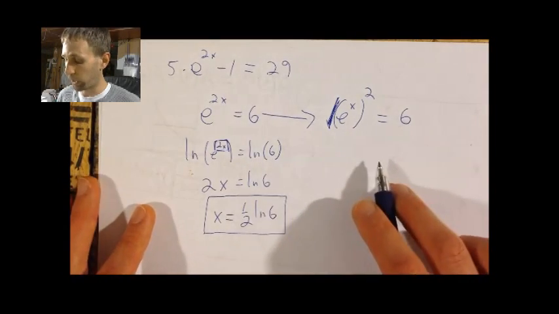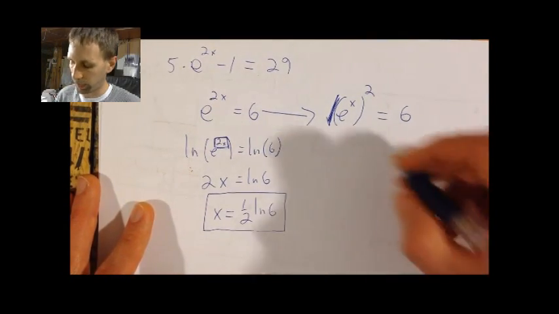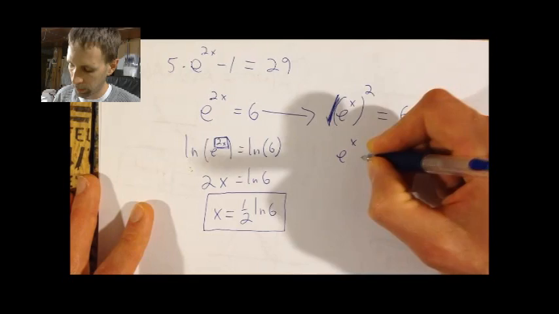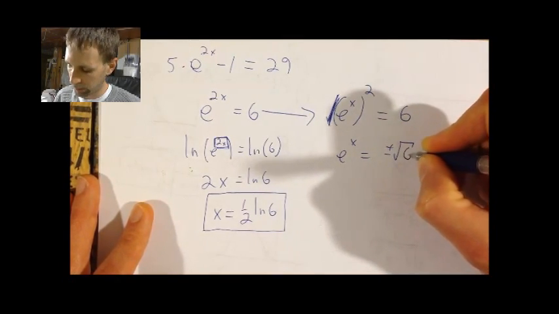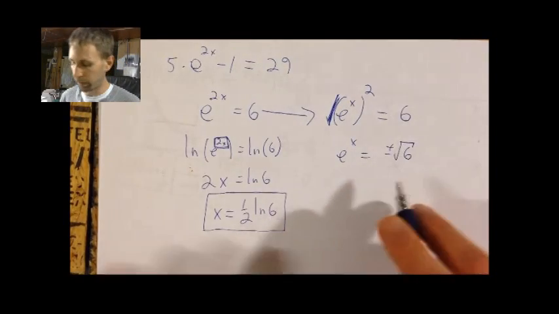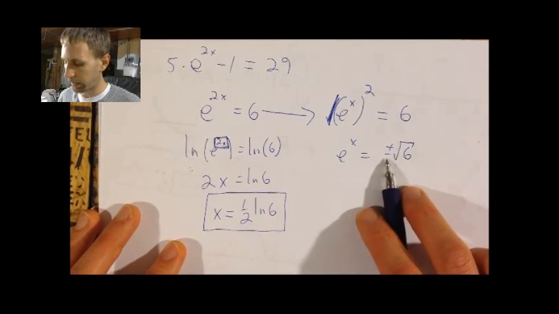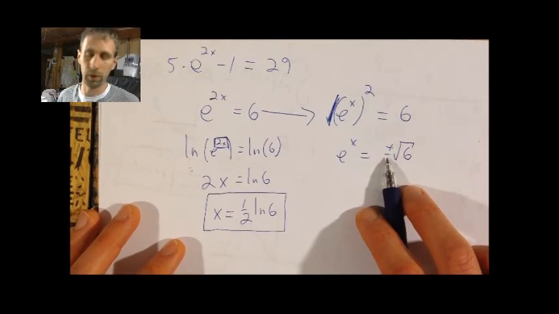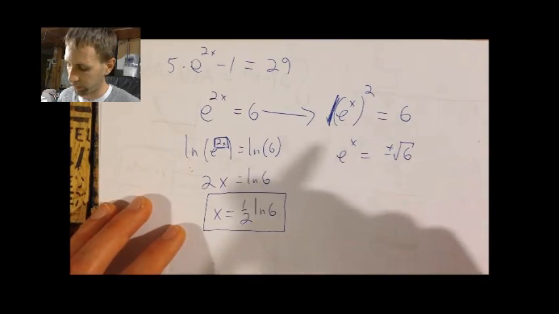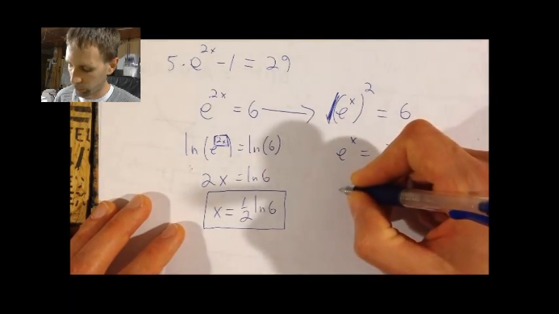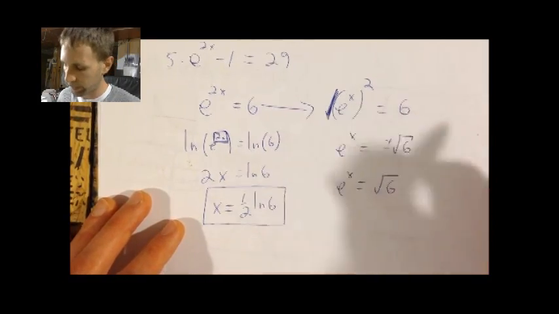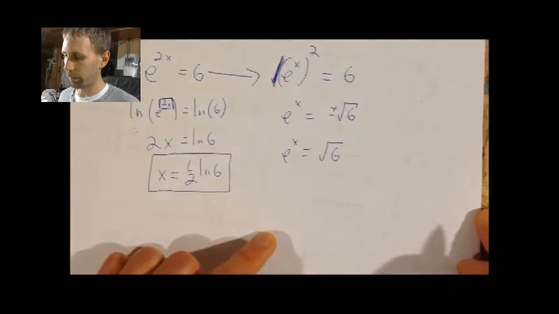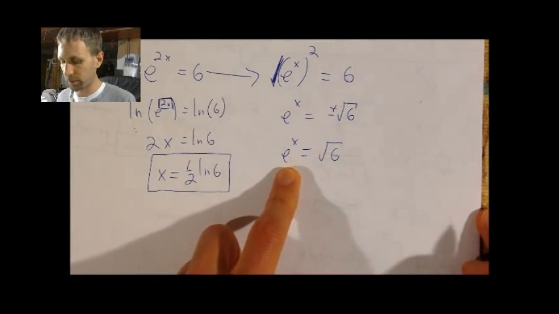So what we could do now is square root both sides, and you'd get e to the x equals plus or minus the square root of 6. But we would have to discard the negative square root because no exponential is going to be negative, so we'd take the positive square root: e to the x equals the square root of 6. Then we could undo the exponentiation with a logarithm.